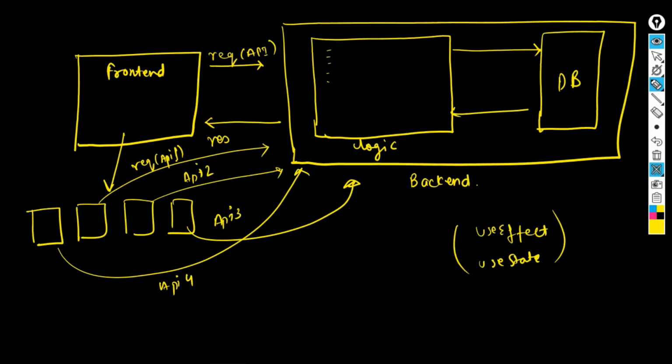Now one thing: with useState, if the state is getting changed, the component will re-render. In real-life project scenarios, a component is never alone. A component is dependent on another component.